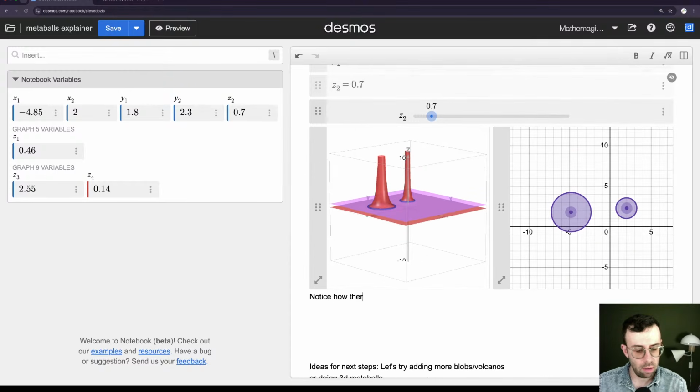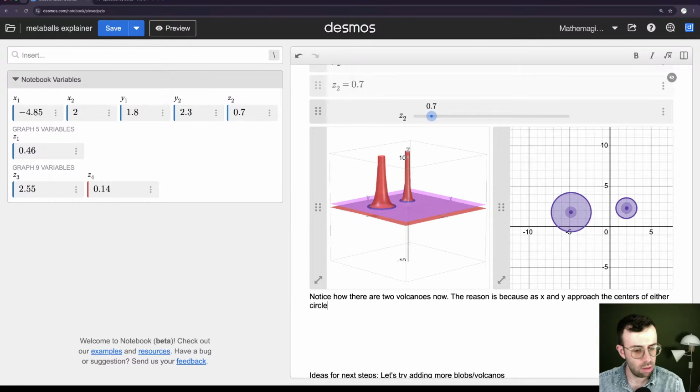Notice how there are 2 volcanoes now. The reason is because as X and Y approach the centers of either circle, the Z, or the function, will go towards infinity.